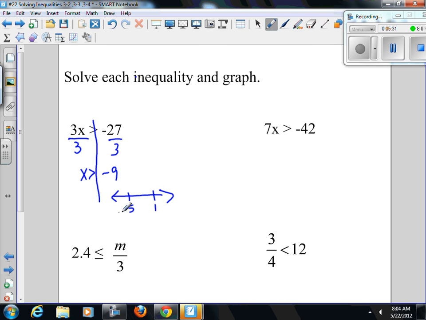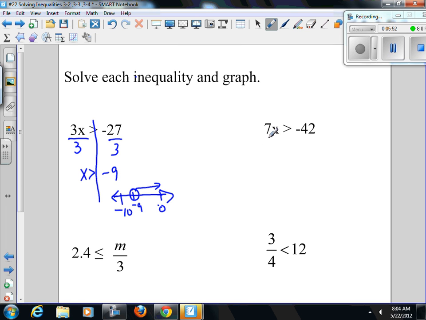Oh, I'm going to say -5, 0. I'm going the wrong way. Let me fix this for a second. I was thinking positive, which isn't the case at all. So we have 0, let's say -10. Here's -9 here. We have an open dot with an arrow going to the right.